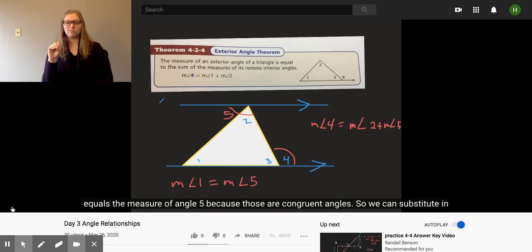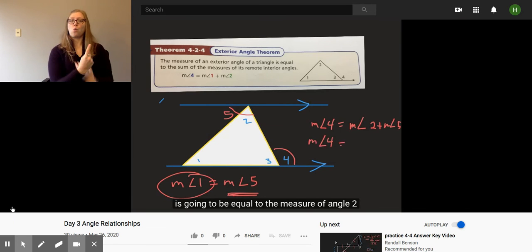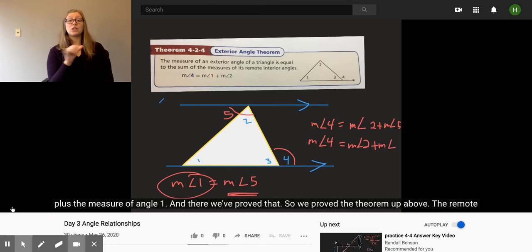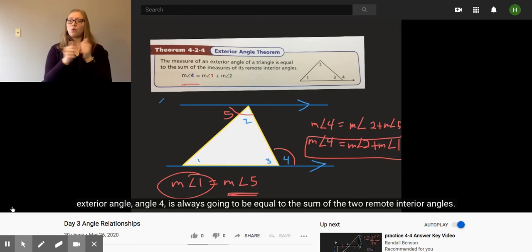We can substitute the measure of angle 1 anywhere that we have the measure of angle 5. So the measure of angle 4 is equal to the measure of angle 2 plus the measure of angle 1. And there we proved that. We proved the theorem above: the remote exterior angle, angle 4, is always equal to the sum of the two remote interior angles.